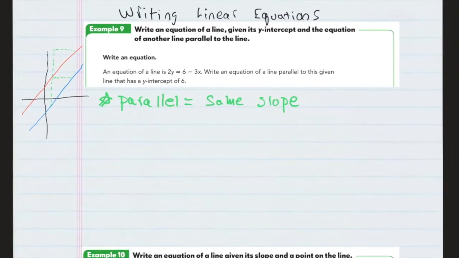So let's go towards the steps of writing an equation when we're given one equation and asked to find the line that's parallel to it.